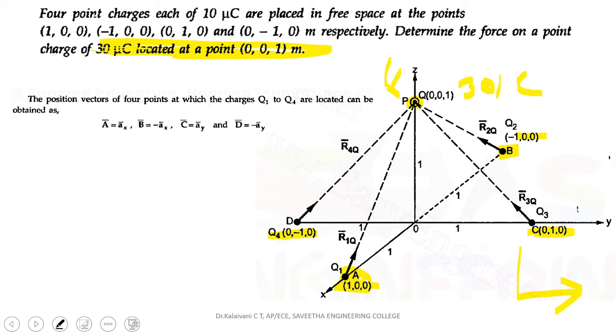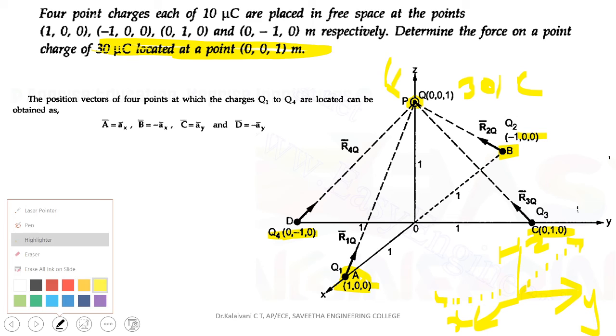So we draw X, Y and Z, extending in the negative direction as well, and like this we get the diagram.